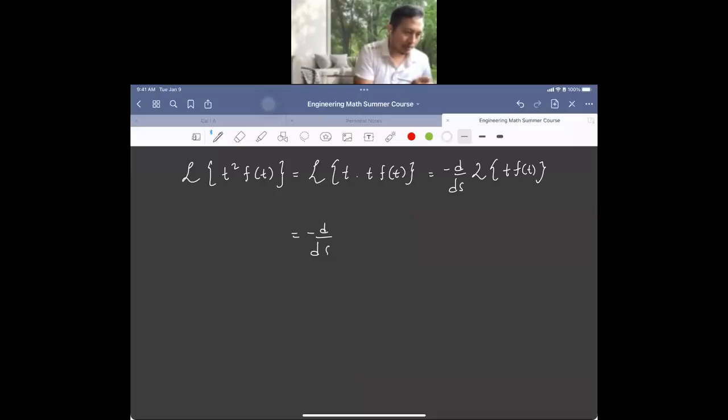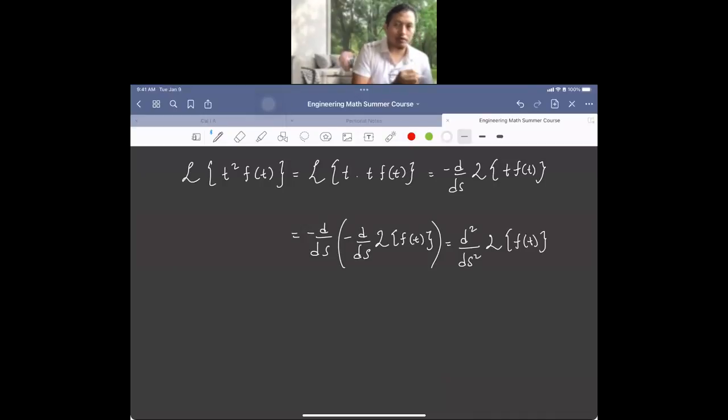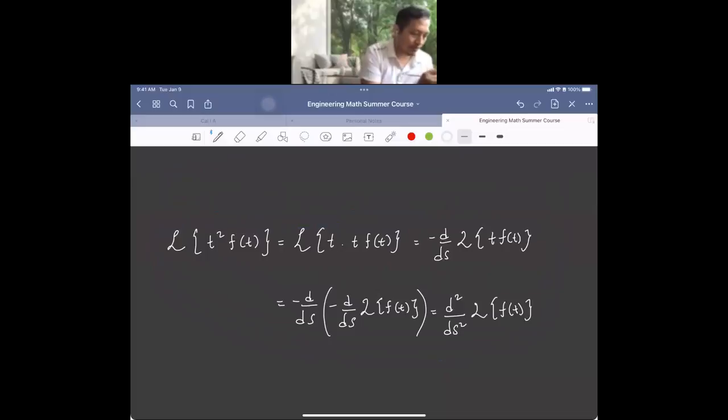Or we could say that this is negative d/ds and then negative d/ds again for the Laplace of f of t. And then this will be positive, the second derivative of the Laplace of f of t, like that.